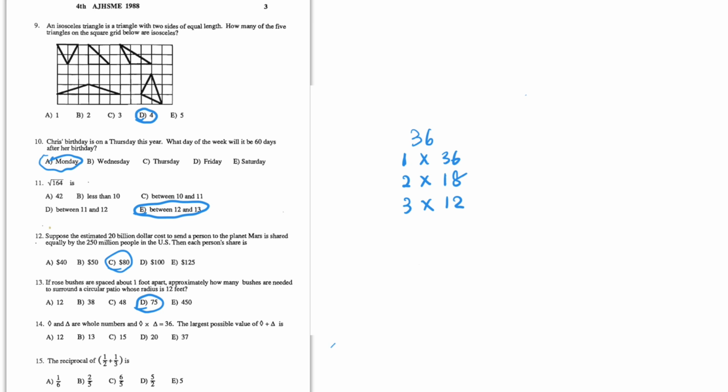And also divisible by 4, 4 times 9. Also divisible by 6, 6 times 6. That's all the factors of 36. The largest possible value should be 1 plus 36, it's 37. Therefore, the answer is E.